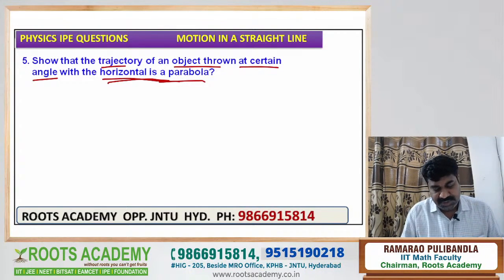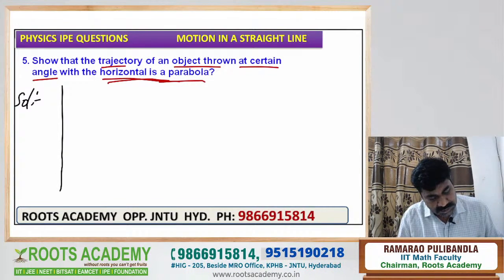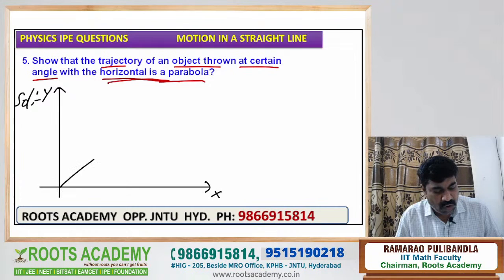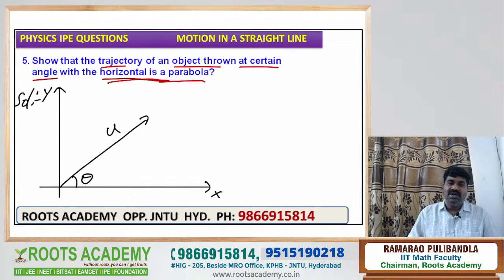Okay, listen. Let us consider a body is projected. Here is the y-axis, and this is the x-axis. Let us consider a body is projected with initial velocity u at an angle theta with the horizontal.